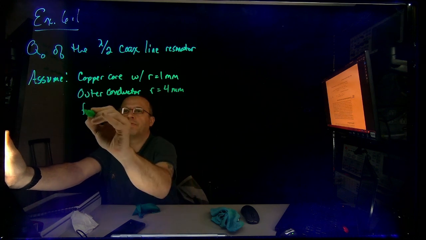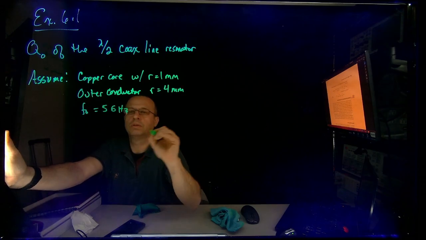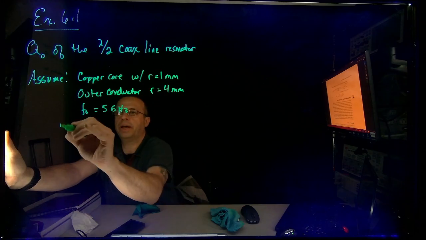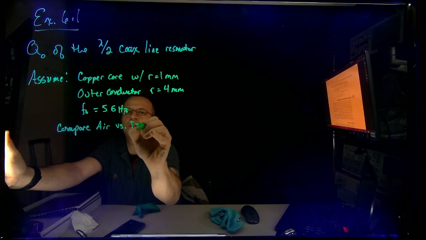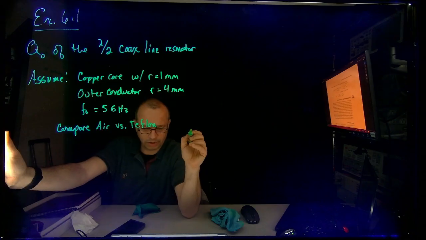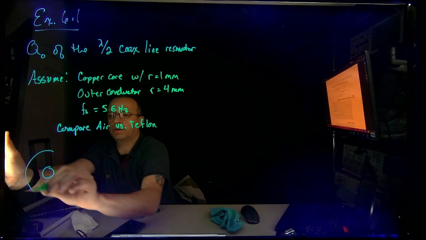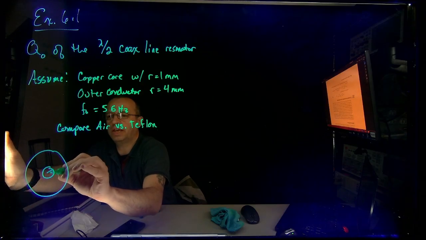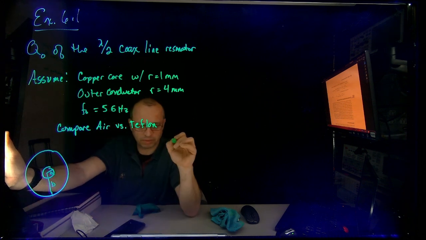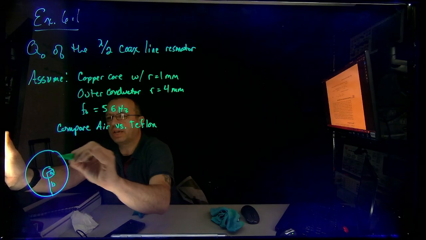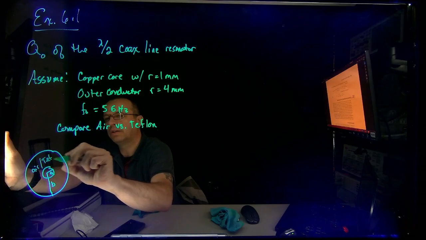Our frequency is going to be 5 gigahertz, and we're going to compare air versus Teflon. So some details: this is A and this is B, so A is our 1 millimeter and B is our 4 millimeters. And then between here is the air versus Teflon.